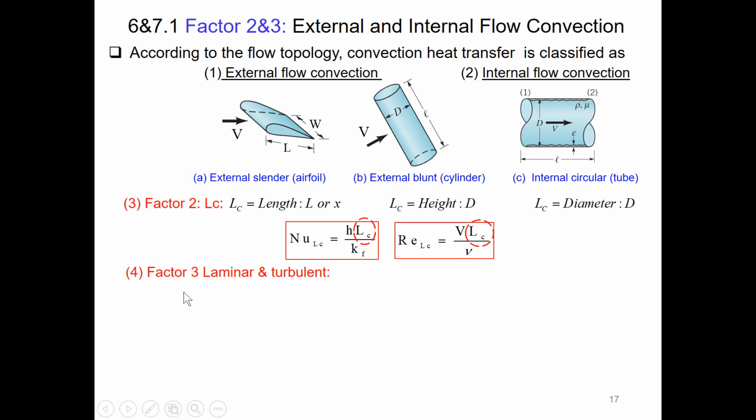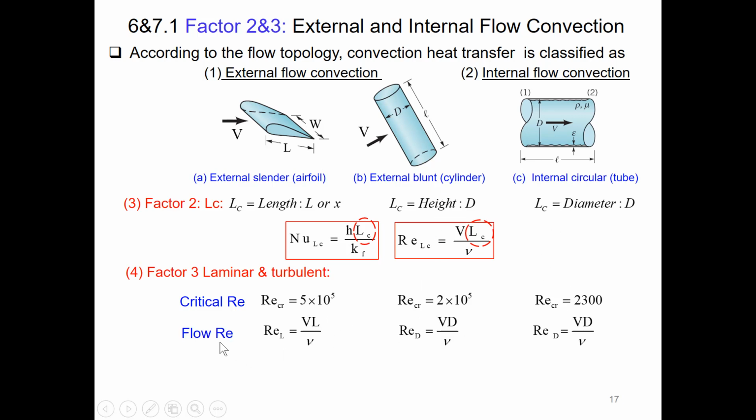Factor 3, we need to determine the flow condition of being laminar or turbulent. First, you need to identify the critical Reynolds number for each flow topology, then you calculate the flow Reynolds number according to the definition for the Reynolds number.